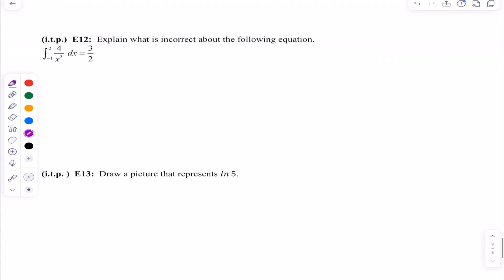Explain what is incorrect about the following equation. Well, you're given a function 4 over x to the third power, which is not continuous at x equals 0, which is in our restricted domain, -1 to 2.